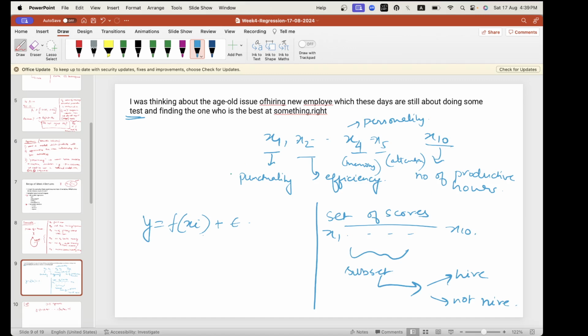So this problem I can understand as a regression model.